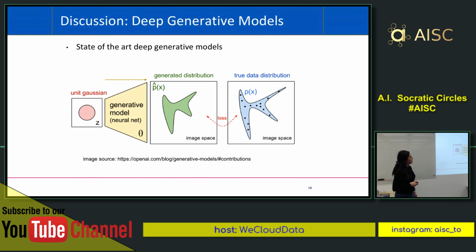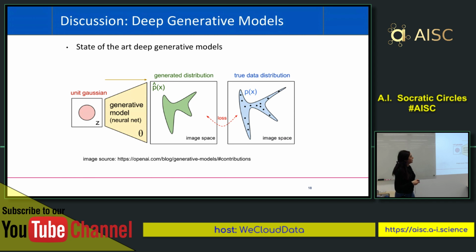I'm trying to model this true distribution to generate a distribution that is closer to it. With deep generative models, if I can design a model that can take a unit Gaussian noise and generate this green distribution, which is close to the right distribution, I'm good.